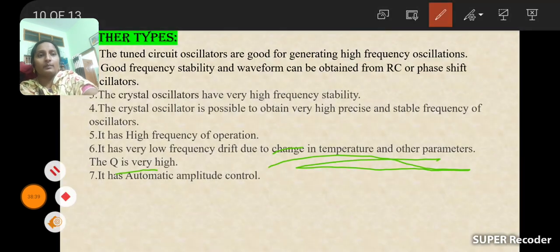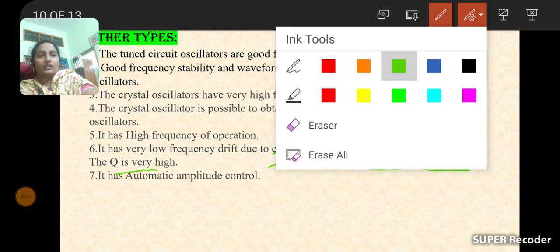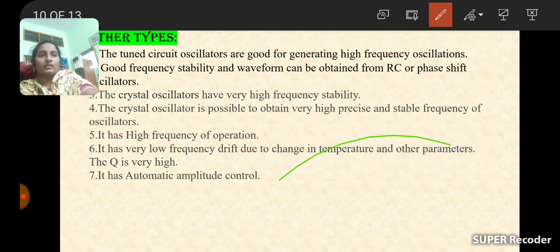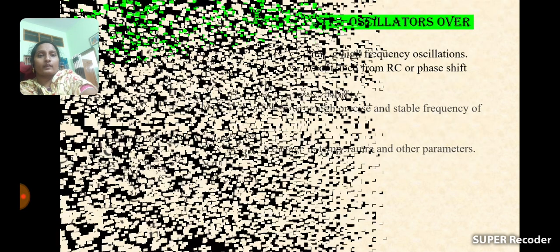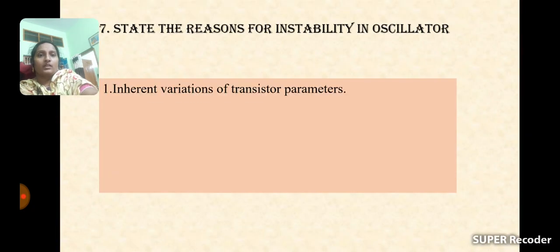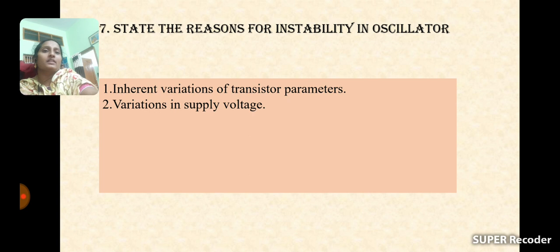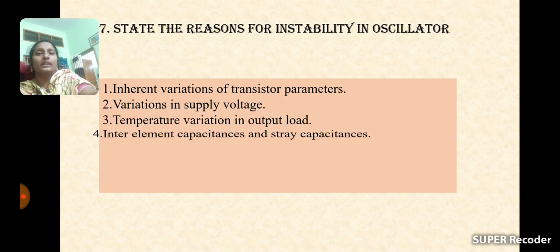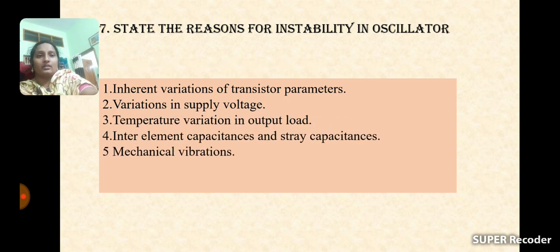And while coming to the next topic, see here, what are the reasons for instability in oscillators? In various oscillators, the circuit becomes unstable. Now, what are the reasons to produce the instability?